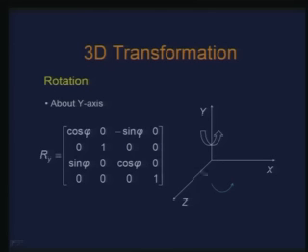Now, when I am performing this rotation in the xz plane, you see that the rotation is happening in this direction, and often we measure the angle in this direction. So, in effect, we are performing the rotation by the negative angle, and that is why this minus has come here.